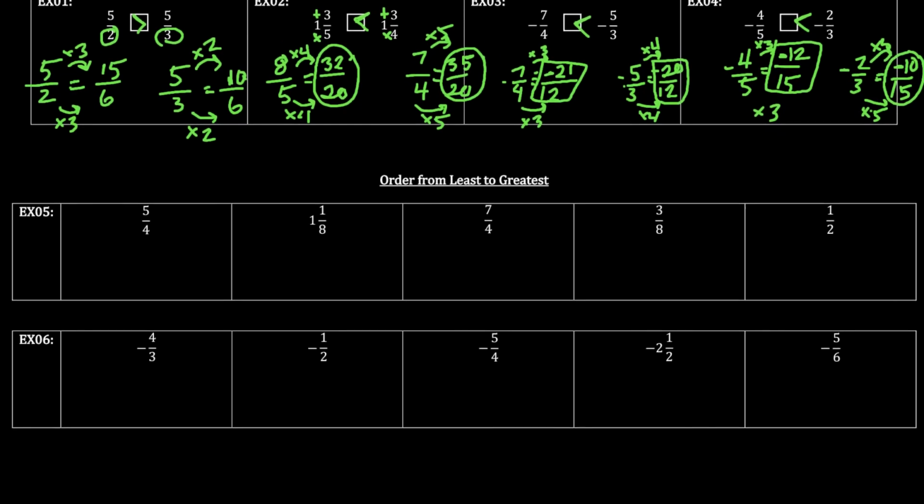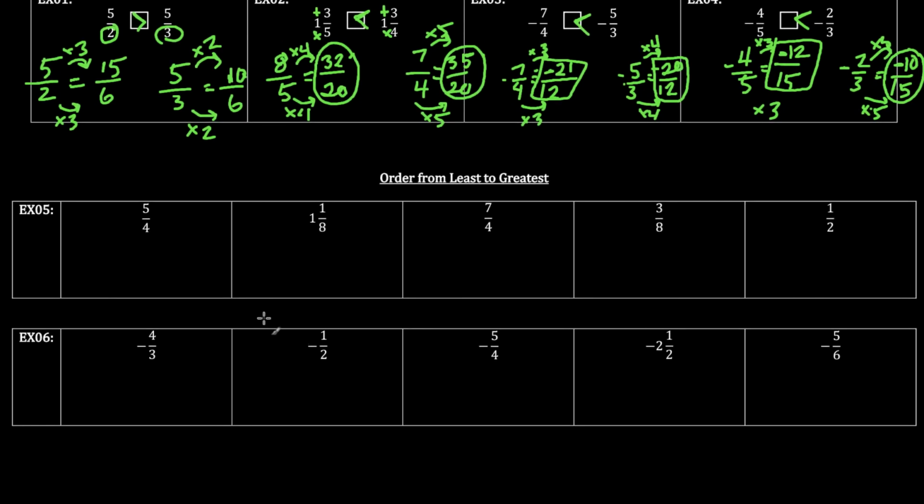Okay, let's put it all together. So we need to order these from least to greatest. We have 4, 8, 4, 8, and 2. Let's look for a number they all go into, okay? 2 goes into 4, 2 goes into 8, 4 goes into 8 also, and 8 goes into 8. So let's use eighths.